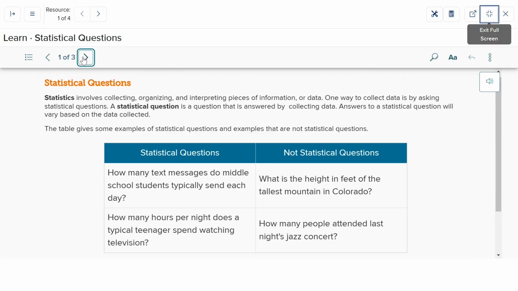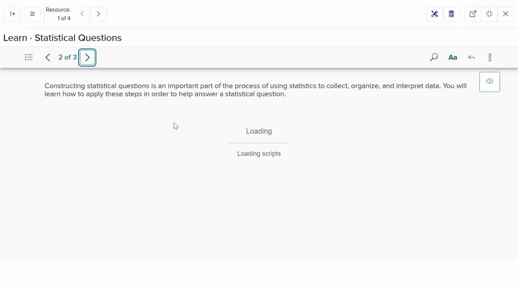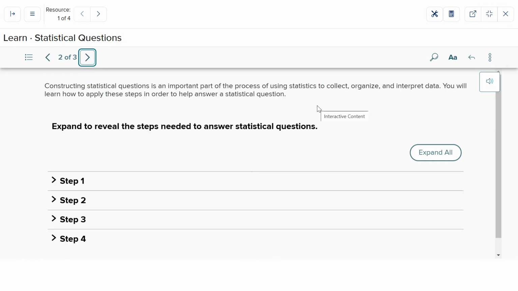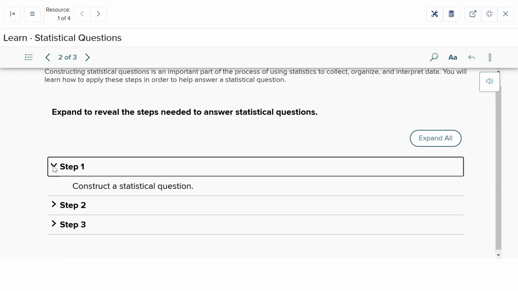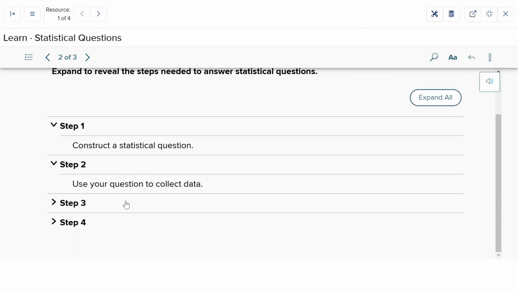All right, so constructing statistical questions is an important part of the process of using statistics to collect, organize, and interpret data. You will learn how to apply these steps in order to help answer a statistical question. So here are those steps. Step 1, construct the question. Step 2, use that question to collect data. Depending on what your question's asking is going to determine how you collect your data.